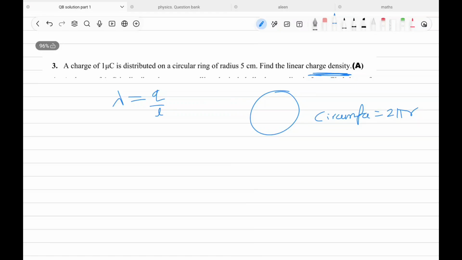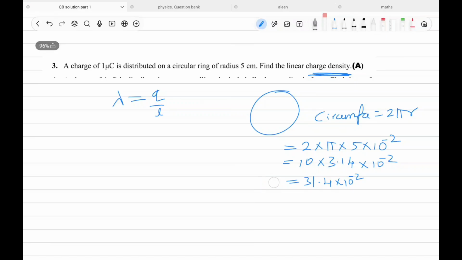Now finding the circumference, it becomes 2 into pi into 5 into 10 to the power minus 2 meter. Multiplying this, you will get 5 into 2 is 10, into 3.14, which is the pi value, into 10 to the power minus 2. Okay, 31.4 into 10 to the power minus 2 is the circumference of the circle.